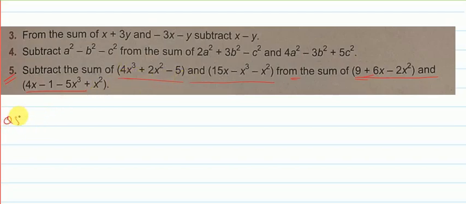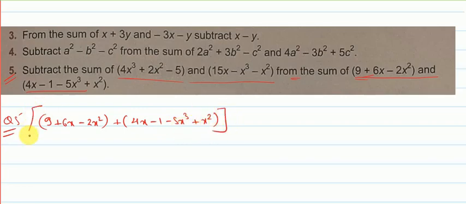So for question 5, we write 9 plus 6x minus 2x square plus 4x minus 1. According to the question, we are supposed to take the sum of this and this first, and from there we have to subtract the sum of these two.